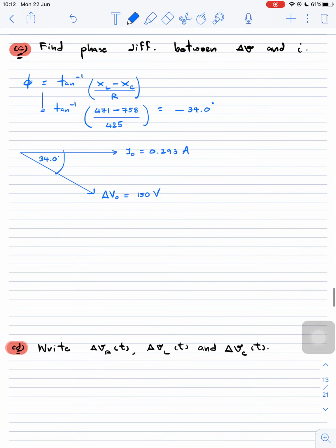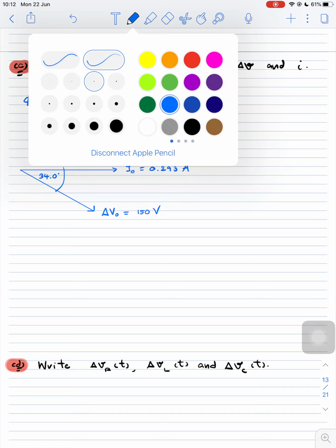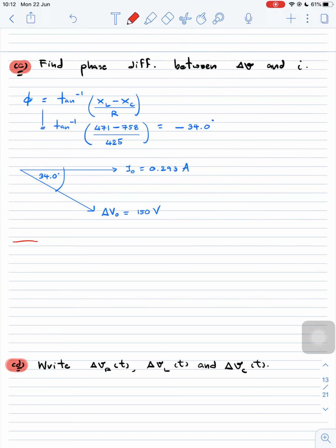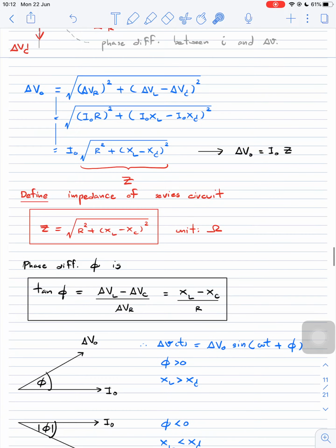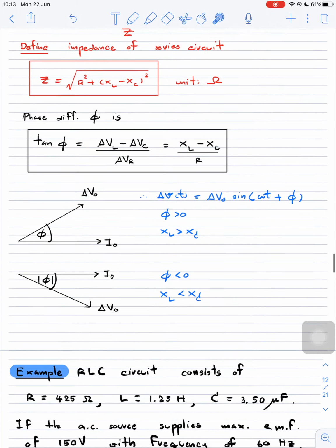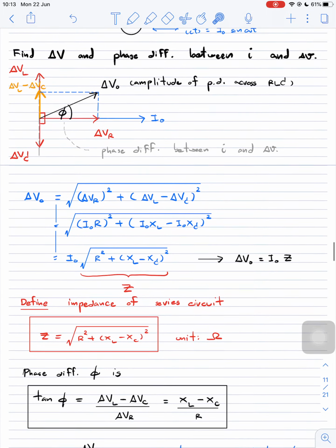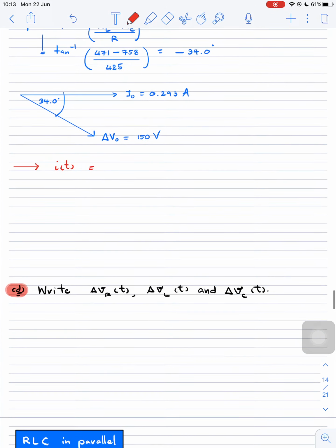We can also write down the current and delta V as functions of time. For example, the current I, let me just use this form for the current.